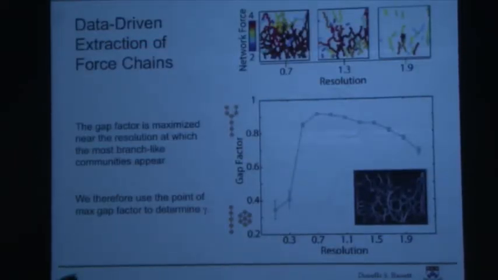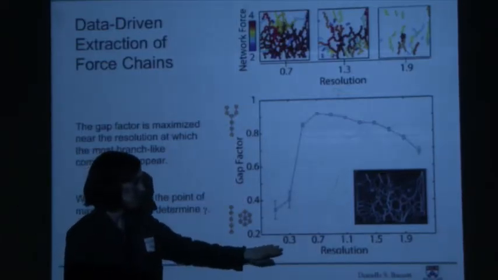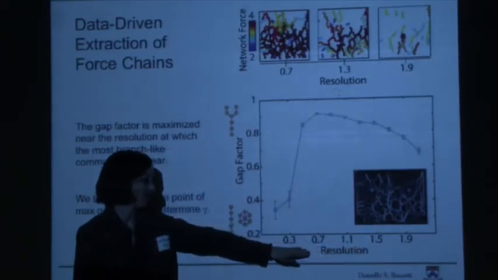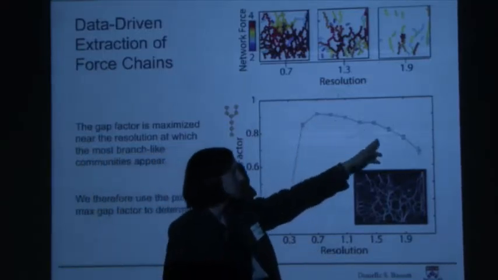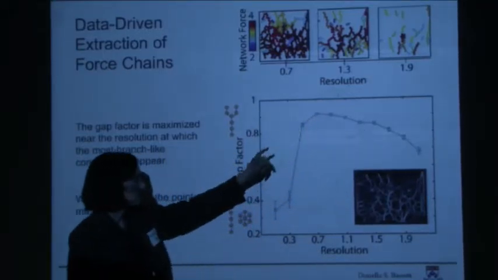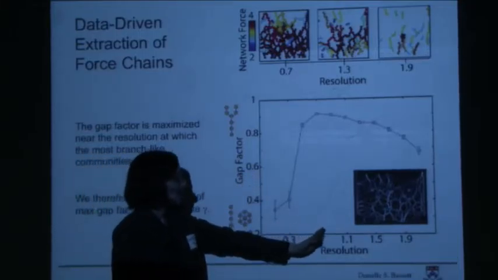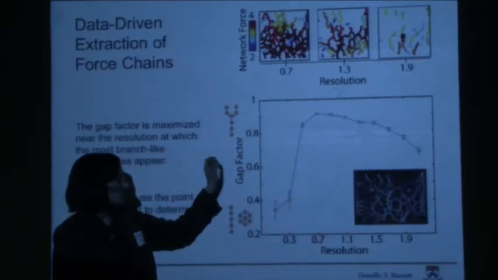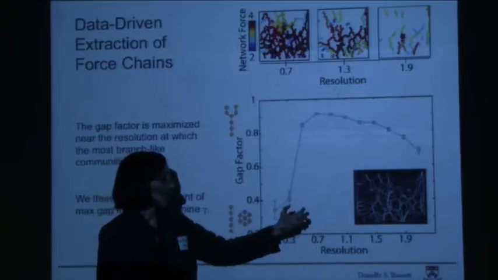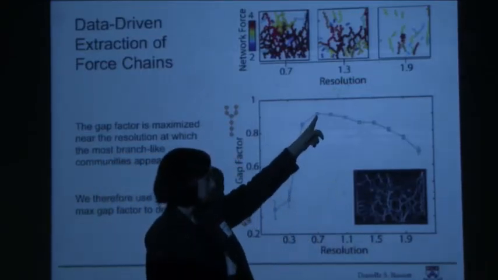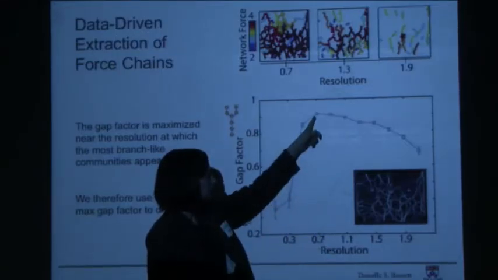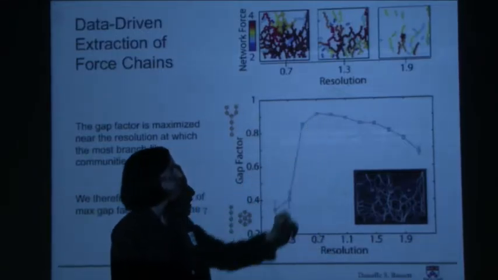We quantified that gap factor here as a function of the resolution parameter of modularity maximization. What you can see is you get a really nice curve that has a distinct maximum. This suggests to us that the resolution parameter that really captures the structure that is most branch-like occurs here at about 0.9, or 0.7, sorry, 0.7.